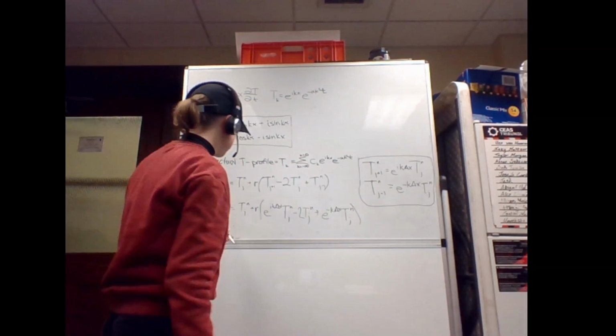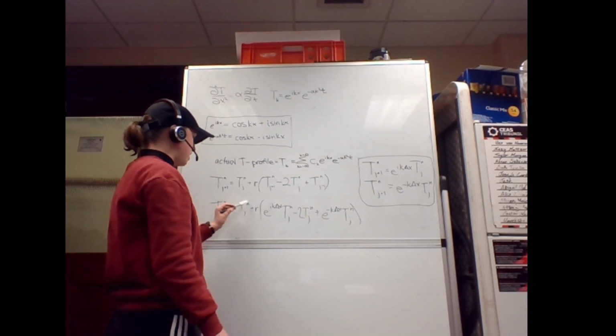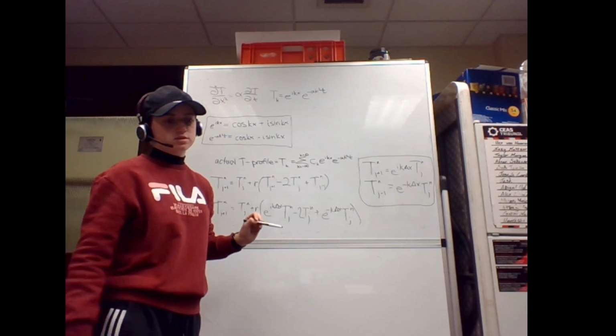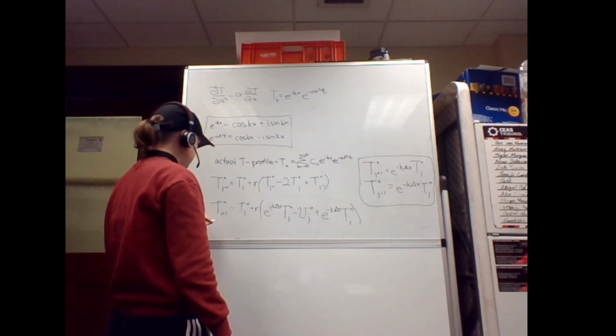Alright, so now we actually have a fun situation where we can simplify, where we can divide by T_j^n on this whole side, which is awesome. So now we're just going to pull out that T_j^n.